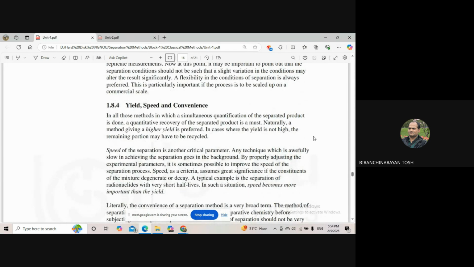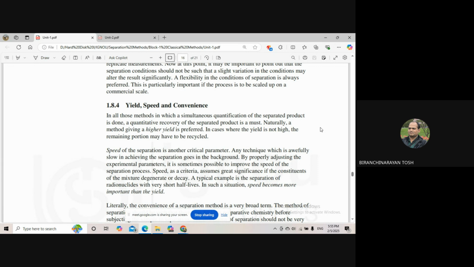Then yield, speed, and convenience. In all those methods in which a simultaneous quantification of the separated product is done, a quantitative recovery of the separated product is a must. Naturally, a method giving a higher yield is preferred. In case the yield is not high, the remaining portion may have to be recycled.